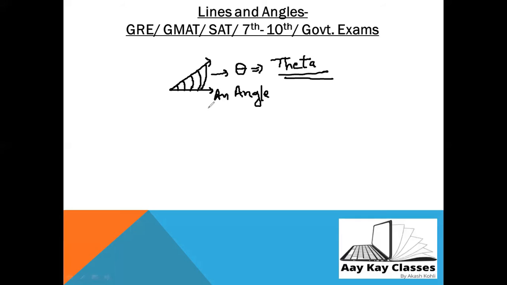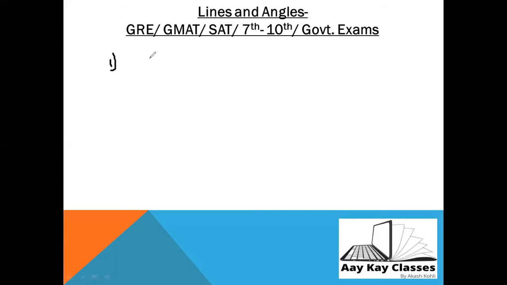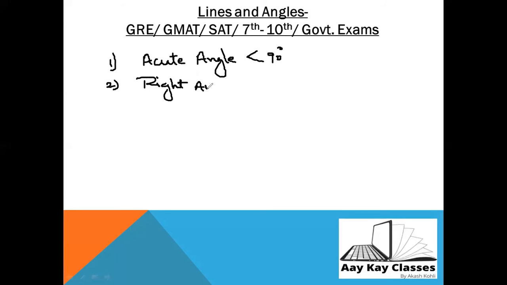An angle, right? So how many types of angles are there? Let's discuss that. The first is acute angle, which is less than 90 degrees. Second is right angle, which is equal to 90 degrees.